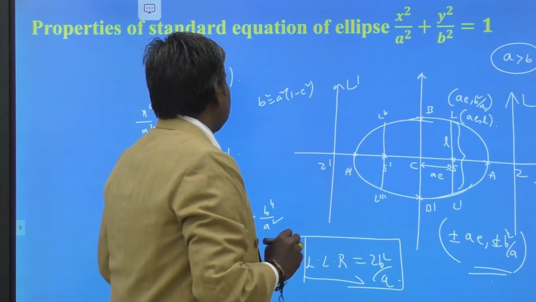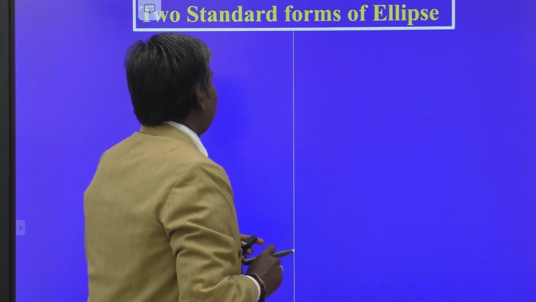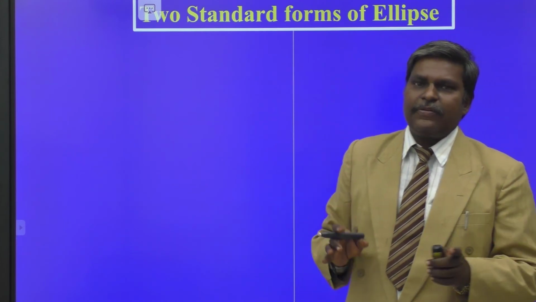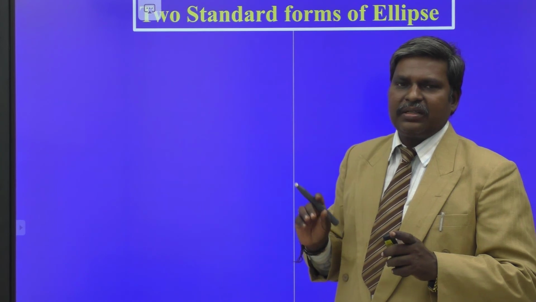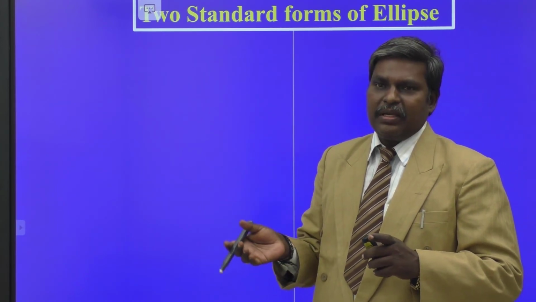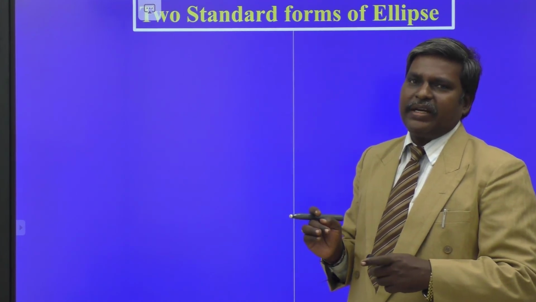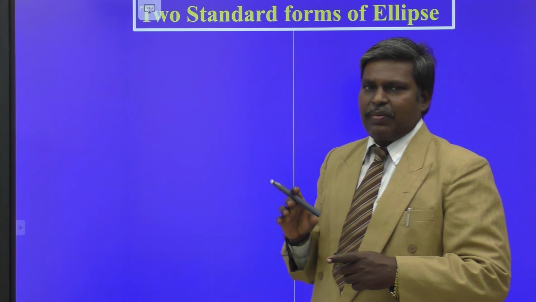Okay, next one. Two standard forms of ellipse, let us see. Already we discussed the standard form x square by a square plus y square by b square equal to 1, that is for a greater than b. If a less than b, the entire curve is rotated by 90 degrees, and we obtain x square by a square plus y square by b square equal to 1.